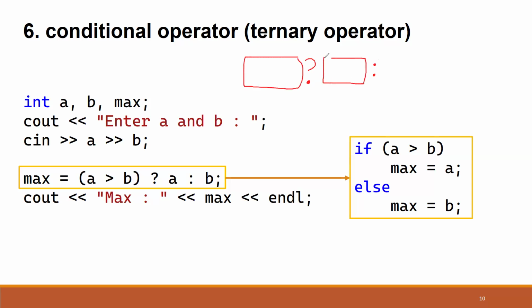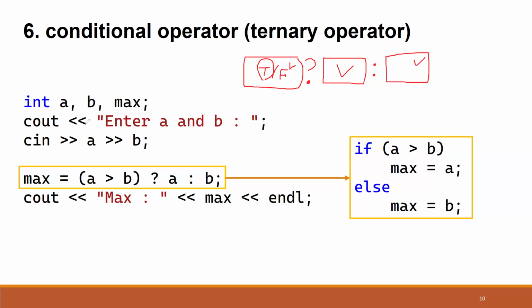This part should be true or false. Many programmers use this one because it is very simple to use, a very compact code. If it is true, then this part will be executed. If this is false, then this part will be executed.